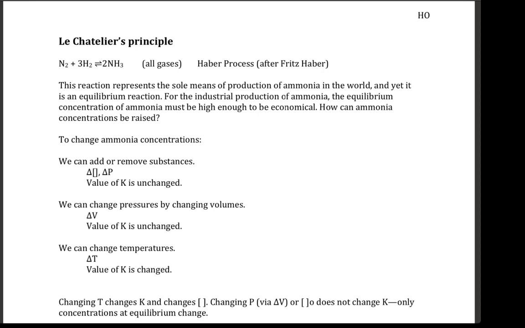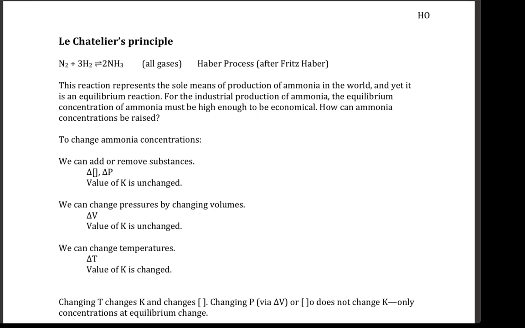To change the ammonia concentrations, it turns out that we can add or remove substances. So we can change the concentrations. When we change concentrations, the value of K, the equilibrium constant, is unchanged.